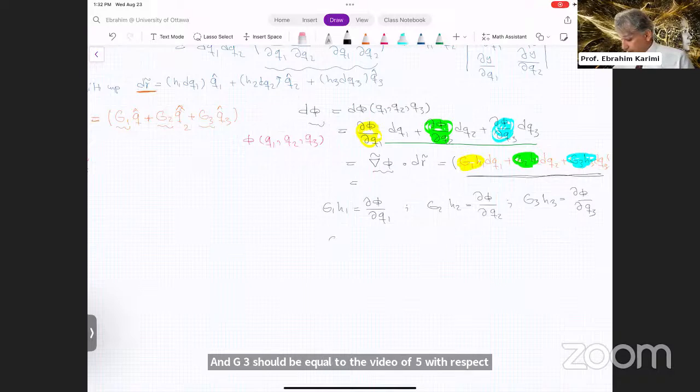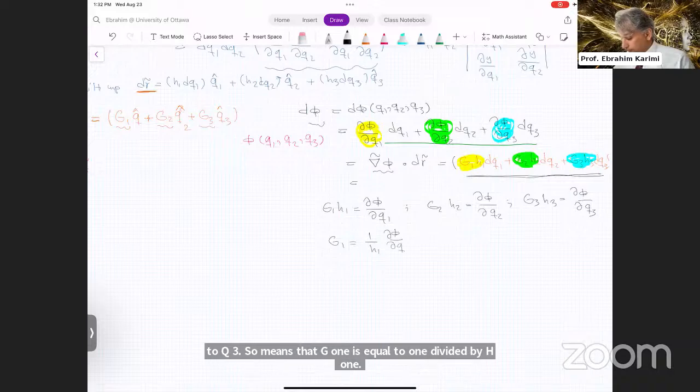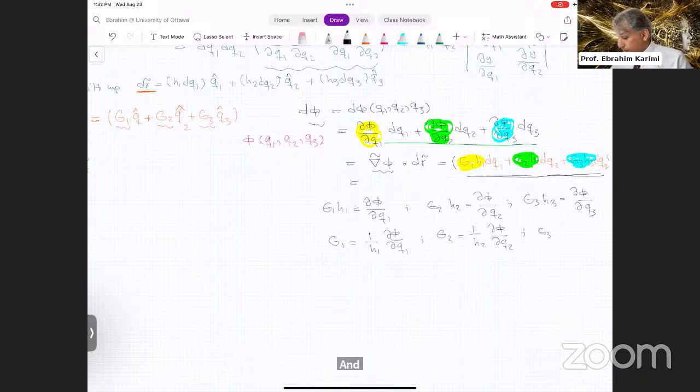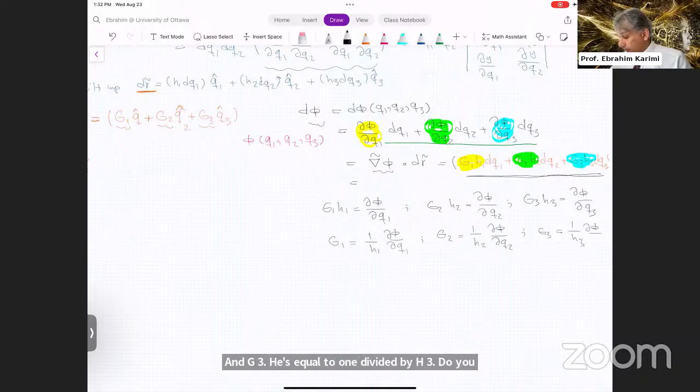So G1 is equal to 1 divided by H1 times the derivative of phi with respect to Q1, G2 is 1 divided by H2 times the derivative of phi with respect to Q2, and G3 is 1 divided by H3 times the derivative of phi with respect to Q3.